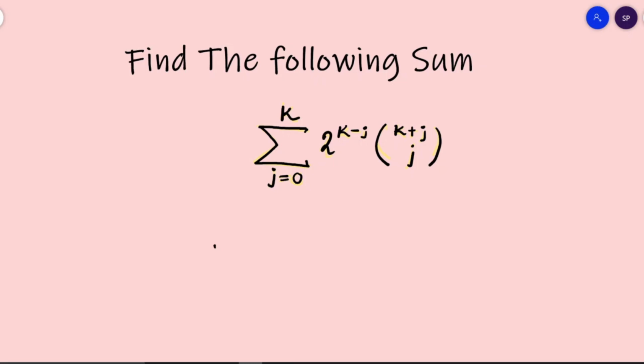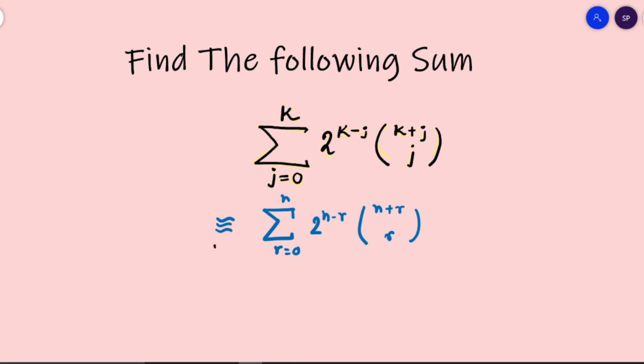Actually, I feel comfortable with n and r, so I am substituting k and j by n and r. Equivalently, this is the summation r equal to 0 to n of 2 to the power n minus r times (n plus r choose r).